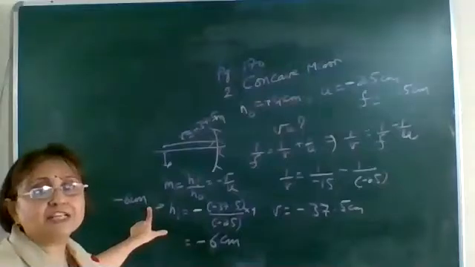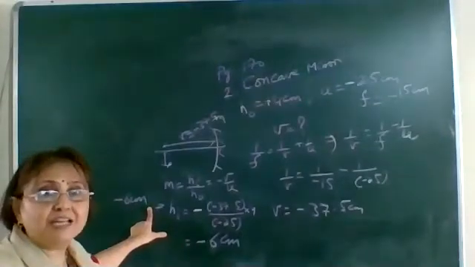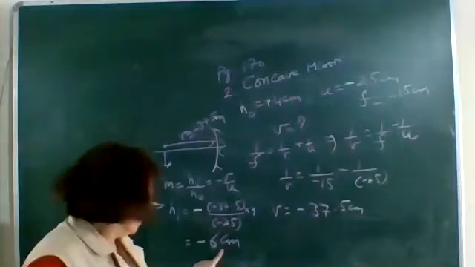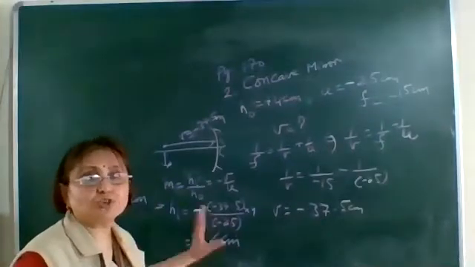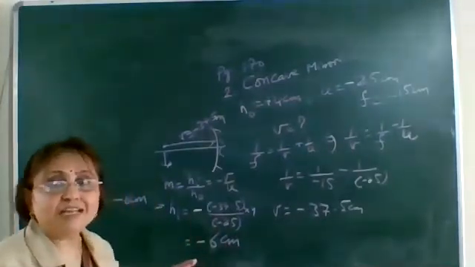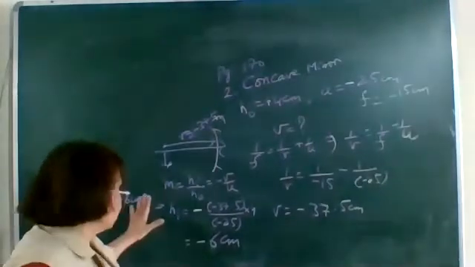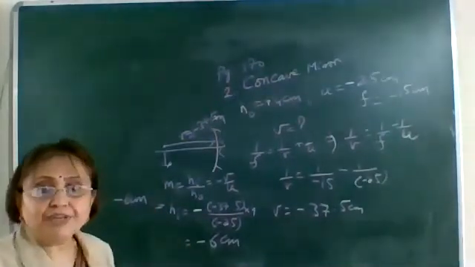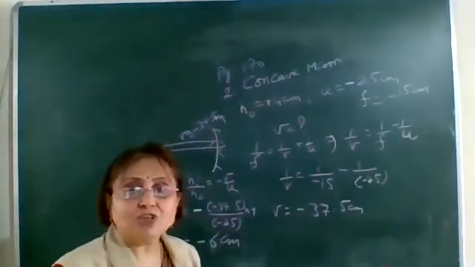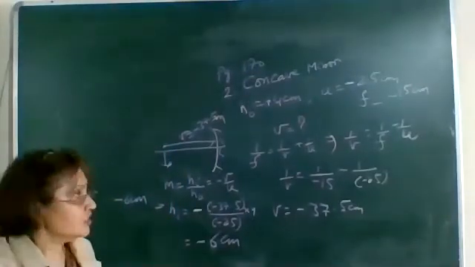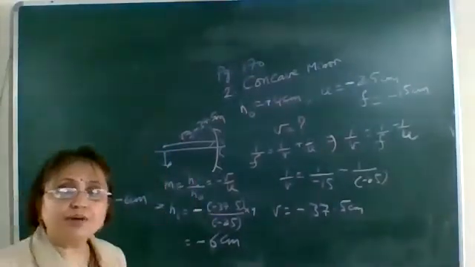So what will be the nature of the image? It will be real and inverted. Negative sign means the image is formed below the principal axis, that is, the image is inverted, and we know that real images are inverted. So the nature of the image is real and inverted. So this is how you have to solve any question.